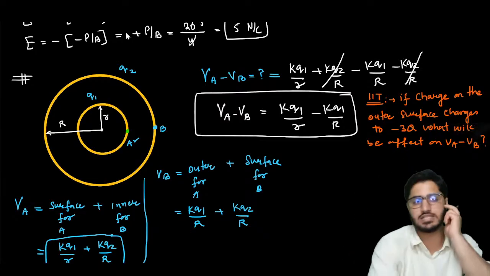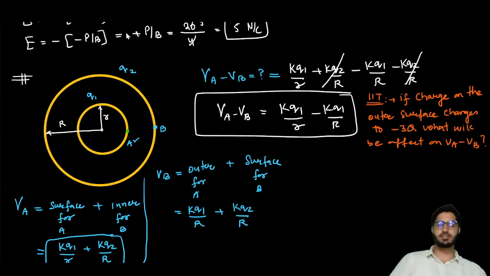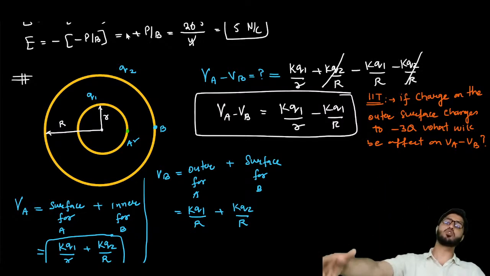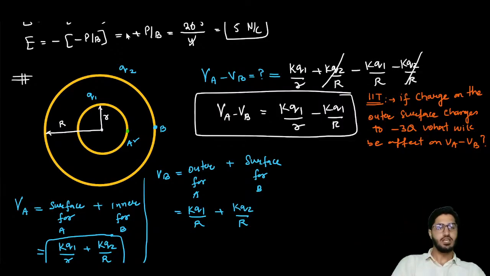This numerical was asked in IIT and it states that we have the same scenario where we need to calculate VA minus VB. Now, second statement is, if we now change the Q2 to minus 3Q, is there any effect on VA minus VB? Yes or no? I need an answer from your end. Is there any effect on VA minus VB? Any effect, beta?